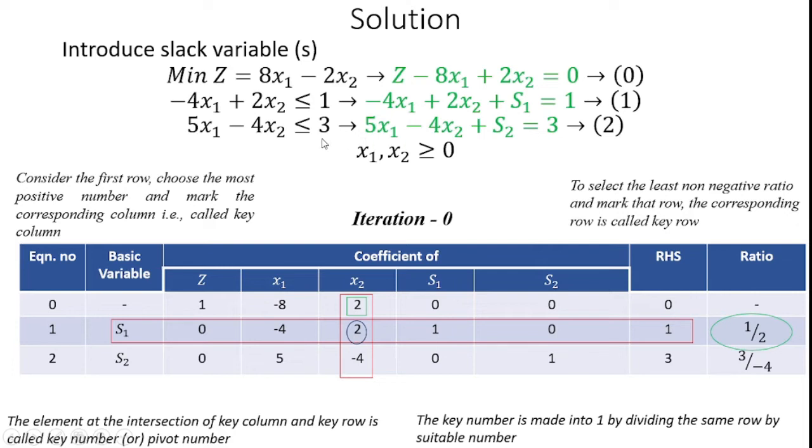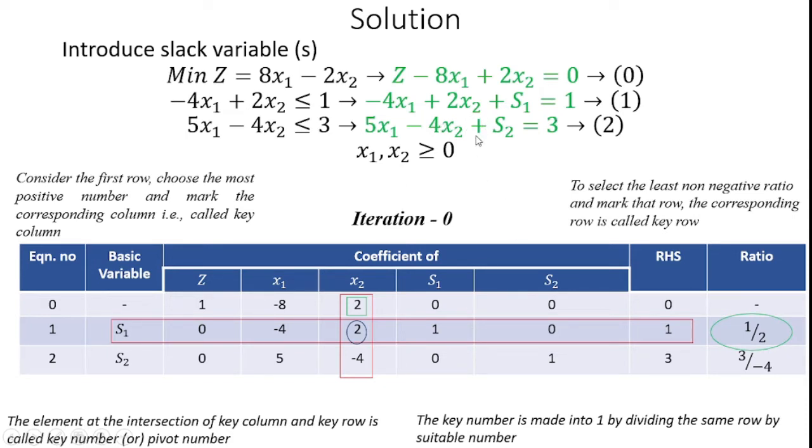Here the equation is 5x1 minus 4x2 plus s2 is equal to 3. Here I can pick the basic variable s2 for equation number 2, and there is no z value. For x1 there is a coefficient of 5, so I place the 5 in the x1 cell. After that, for x2 there is minus 4 available.